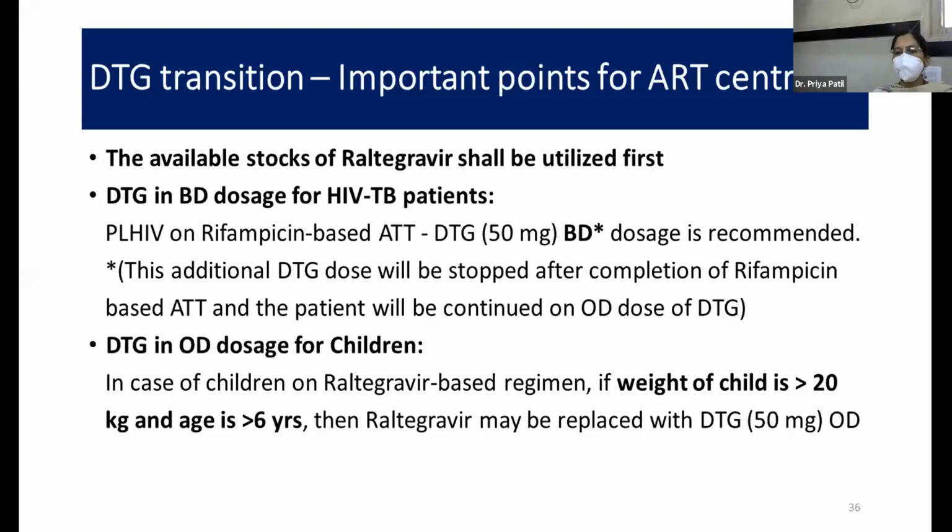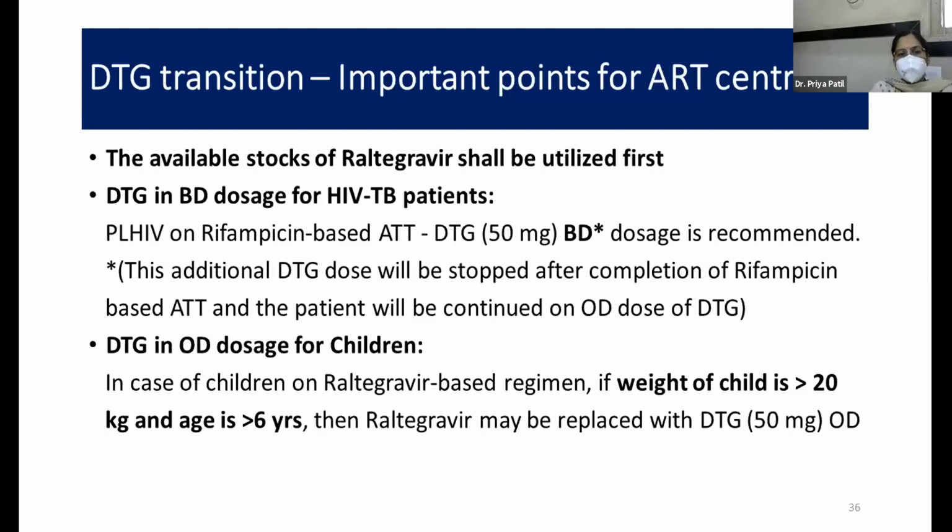I hope this point is very clear to everybody. Right now, we are going to transition to dolutegravir only in the third line or second line failure groups. In this group, we are using rifabutin based ATT because patients are on PIs, and so the DTG dosage will remain OD only. This is very important. Otherwise, we'll be giving BD dosage unnecessarily in this group of patients. I hope this point is clear to everybody.